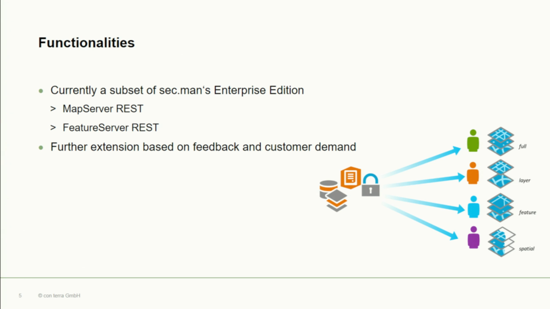That means you can inject definition queries at runtime when the request comes in to the SOC process and modify the request that is passed by the client. And this is not doable only by definition queries, but also with spatial queries.